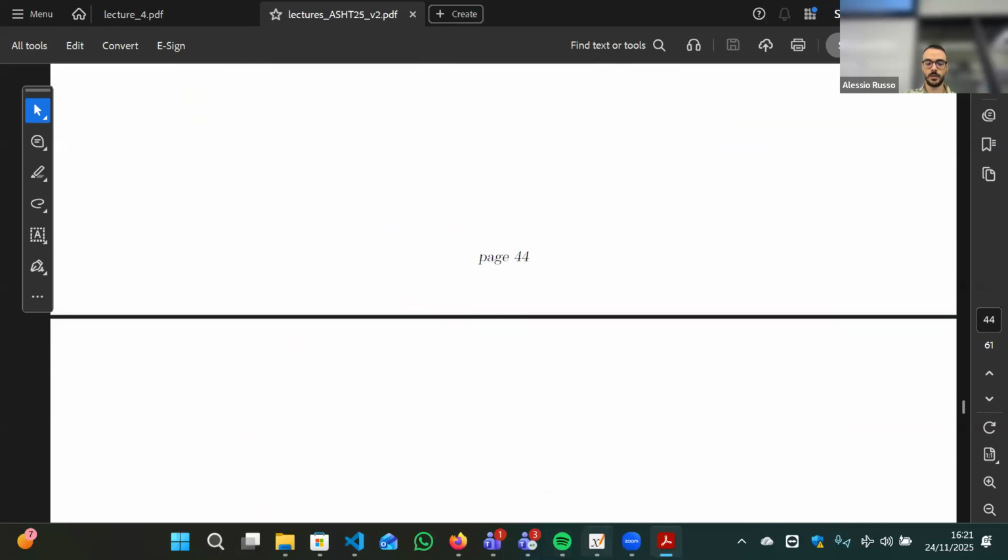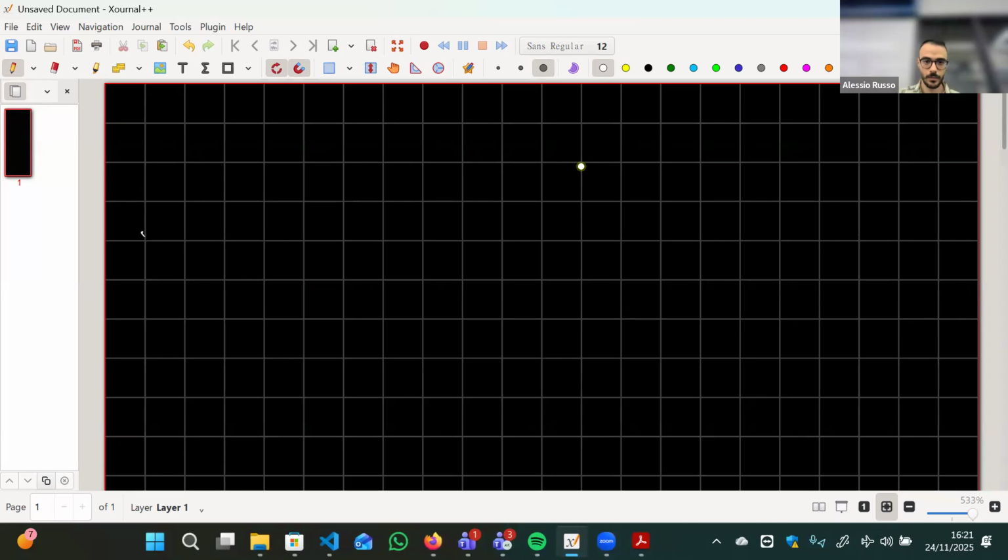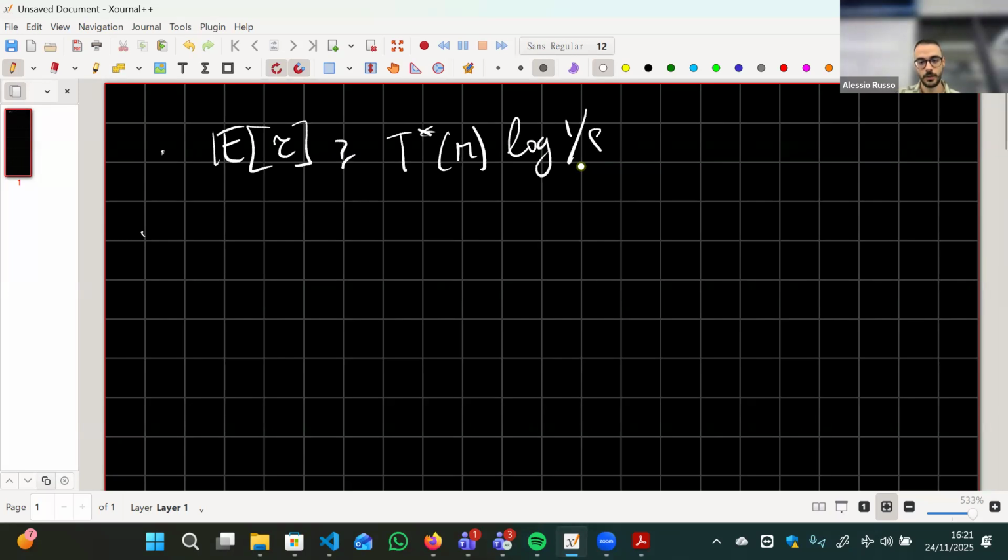So let me write briefly the ideas here. We know that the lower bound in general looks something like this. So the sample complexity is always lower bounded by the characteristic time times log 1 over delta, which is basically the confidence term.